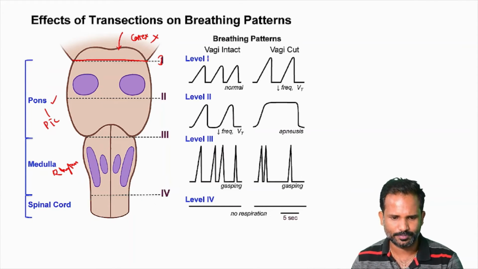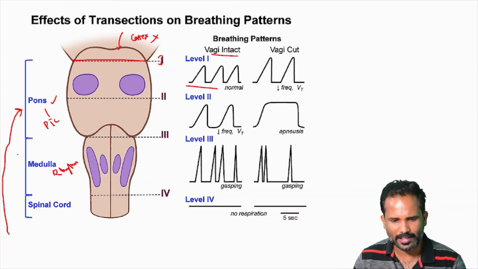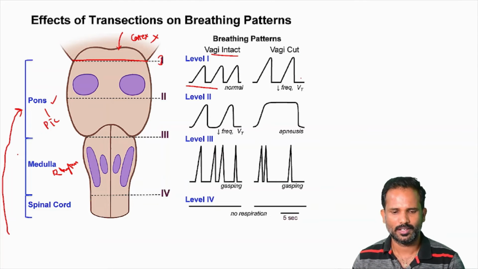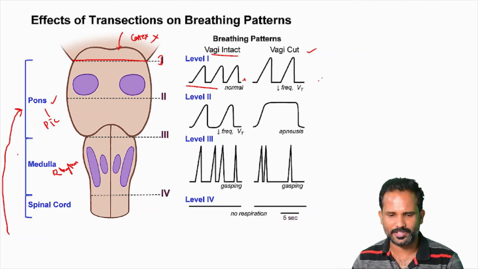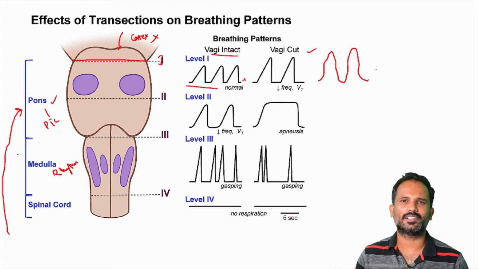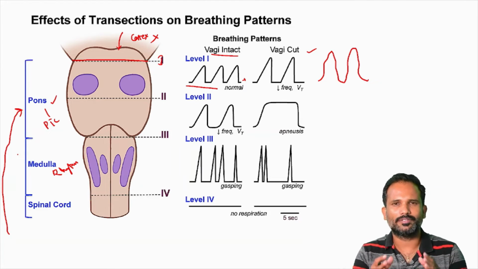So whenever the vagal afferent is intact, the respiratory pattern won't change if the lesion is above the pons. But when the vagus is cut, the frequency of the breathing pattern is reduced and the depth of respiration is increased because the stretch afferent is cut.